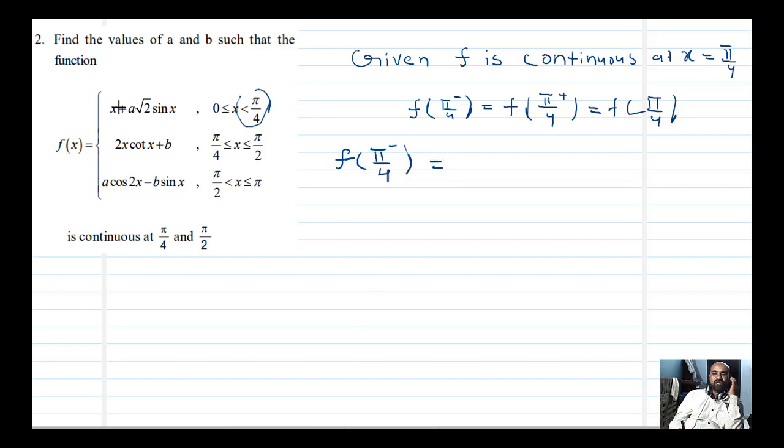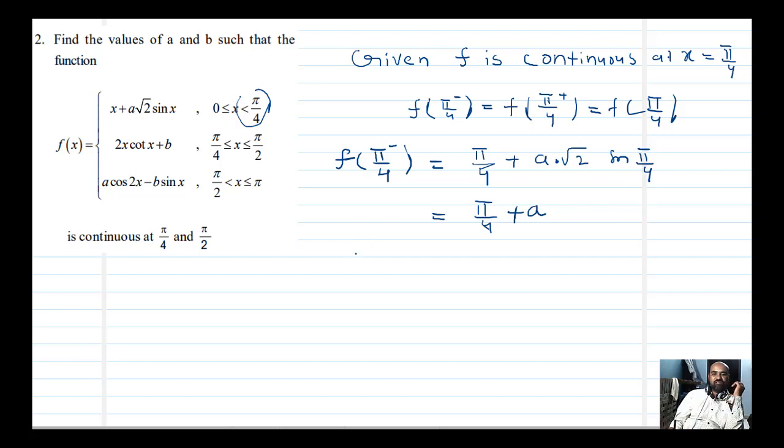In this rule put x equal to pi by 4, that is pi by 4 minus. So pi by 4 plus a into root 2 into sin pi by 4. So what will we get, here as it is pi by 4 plus sin pi by 4, 1 by root 2, root 2 gets cancelled, a. This is pi by 4 minus.